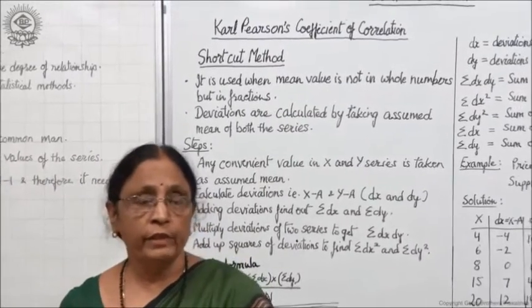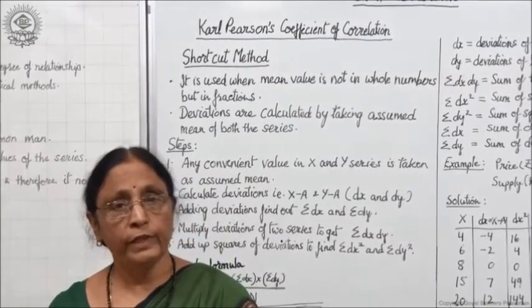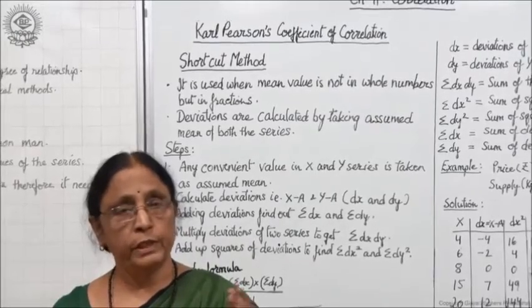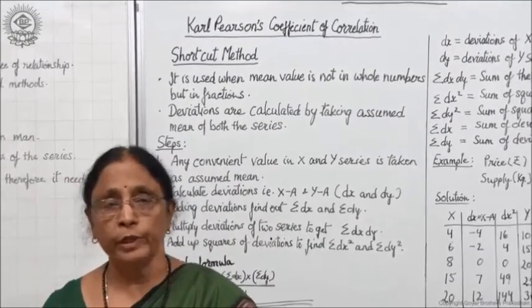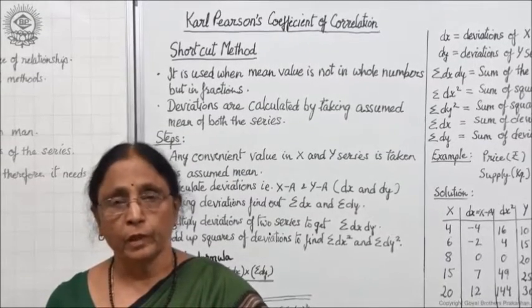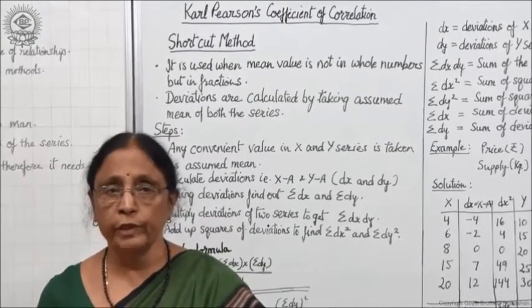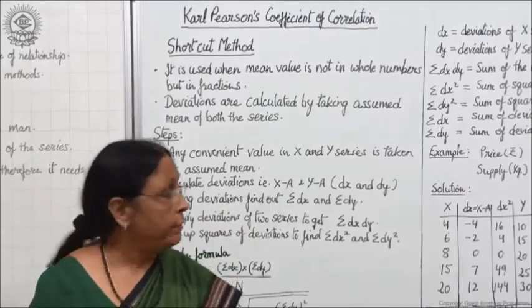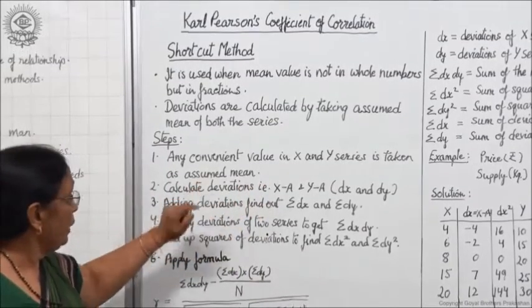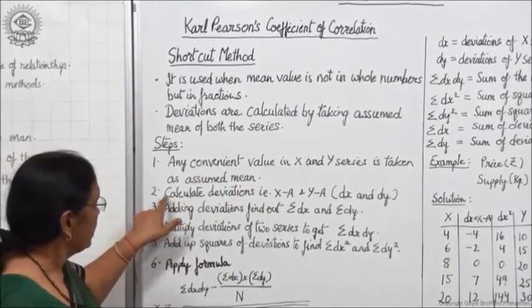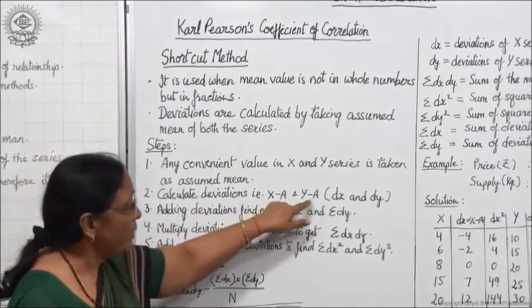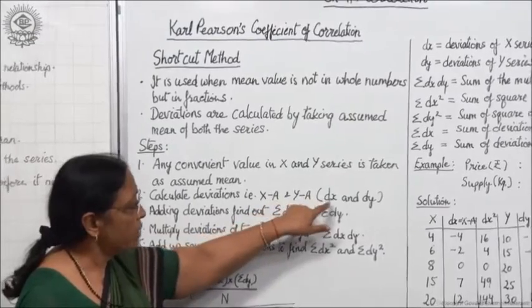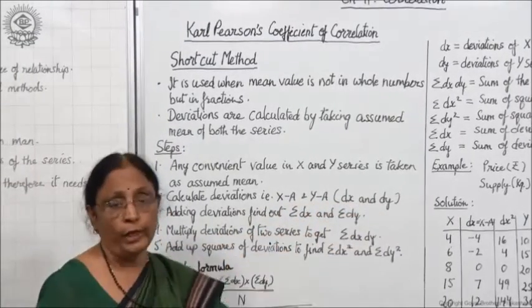So any convenient value, normally we take the central value, we see the minimum value and the maximum value and try to locate the assumed mean in the center, but according to your convenience you can take any value as assumed mean. Second is calculate deviations, that is x minus a and y minus a, and name it as dx and dy.